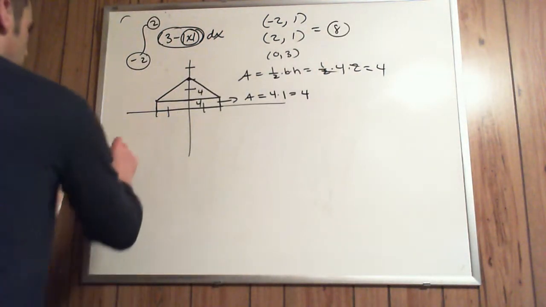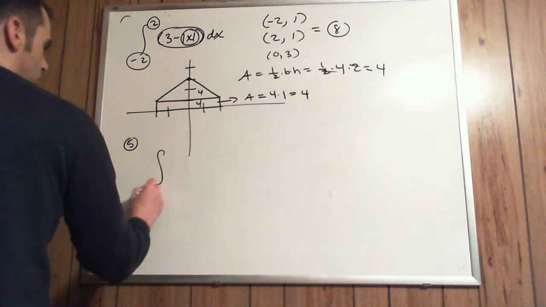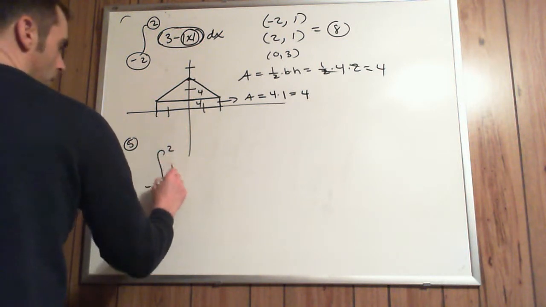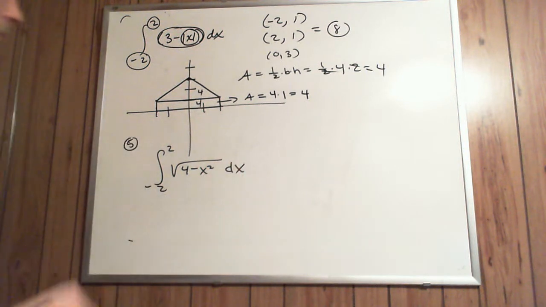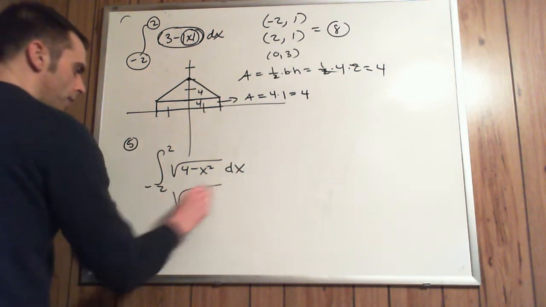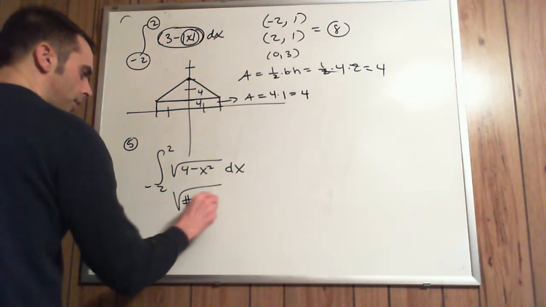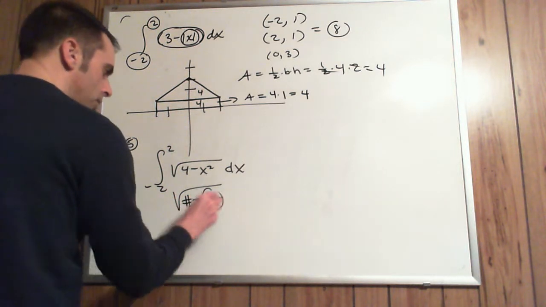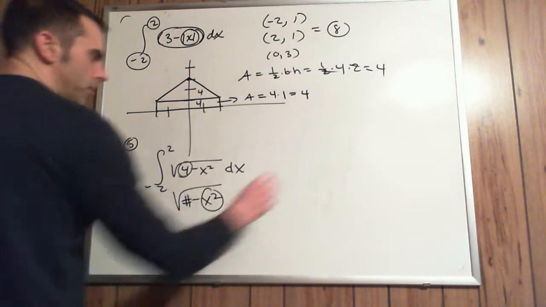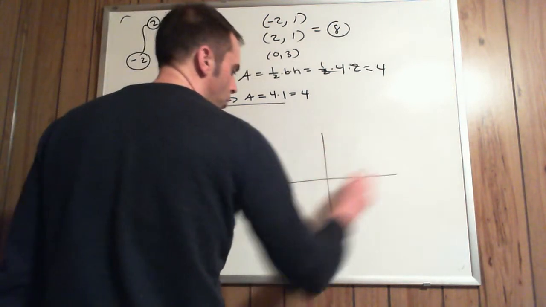Number 5, the definite integral from -2 to 2 of the square root of 4 minus x squared dx. Recall that the square root of a number minus x squared is the graph of a semicircle. Its radius is the square root of the constant. So the square root of 4 is 2.